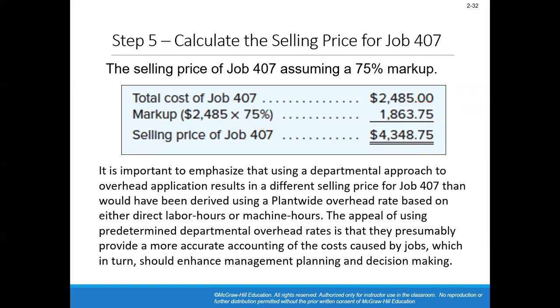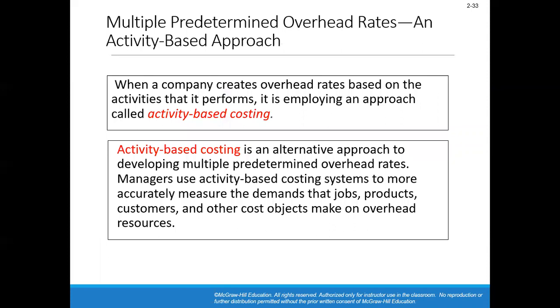Okay, now I would like to ask a question. There is an alternative approach to making the predetermined overhead rate, that is activity-based costing. Instead of assigning cost based on the department, department 1, department 2, department 3, we can look at the number of activities required for completing the job.